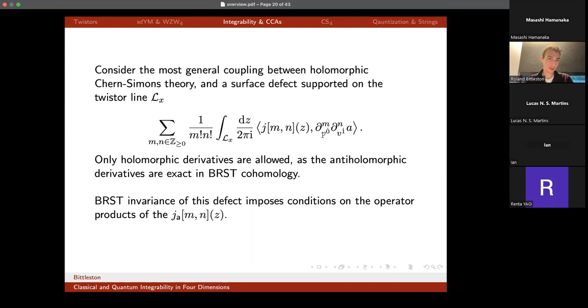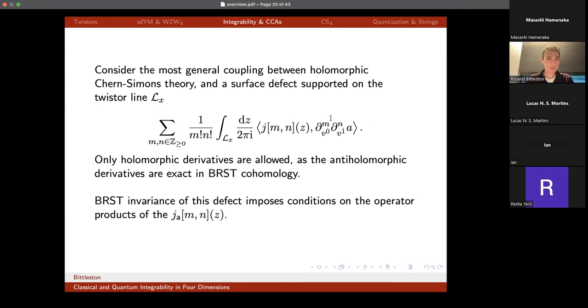If I had, say, ordinary Chern-Simons theory in 3 dimensions, I could imagine coupling my connection, it wouldn't be a partial connection anymore, to some generators, which a priori I don't know what relations they obey. Then I would impose BRST invariance of that defect. And what I'd find is that those generators would have to obey an algebra, which of course would be the Lie algebra. They'd have to have the right commutator.